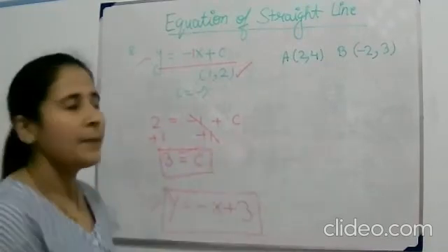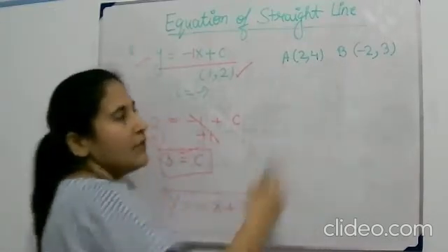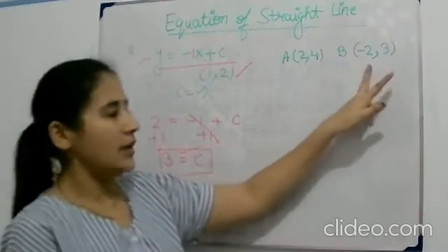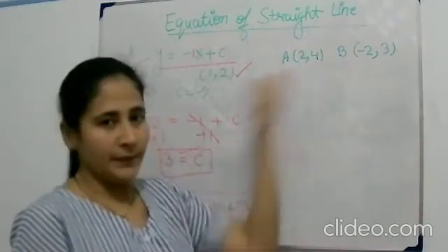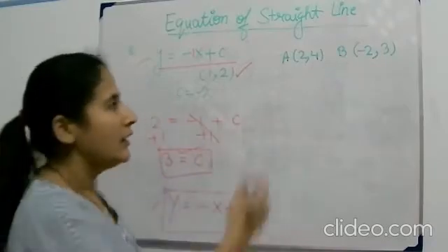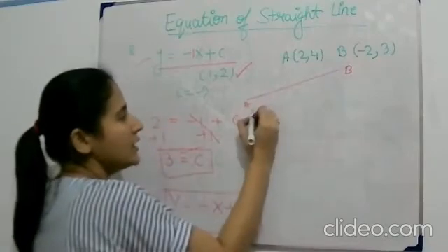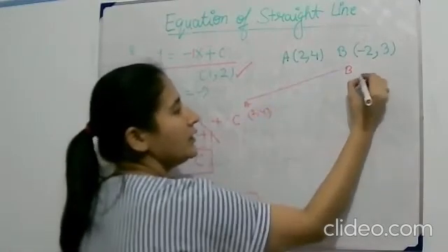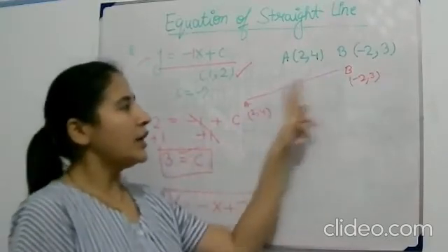Next question. The line is AB, where coordinates are given. We have to find the equation of line AB. Coordinates are given for both points. We have to find the equation of this line.